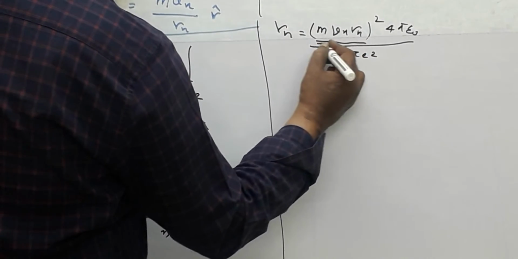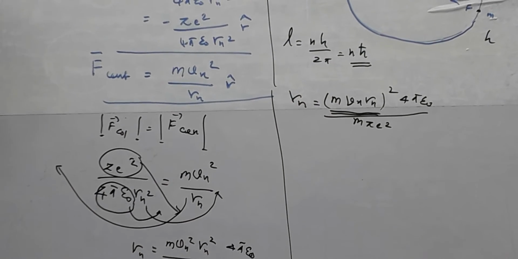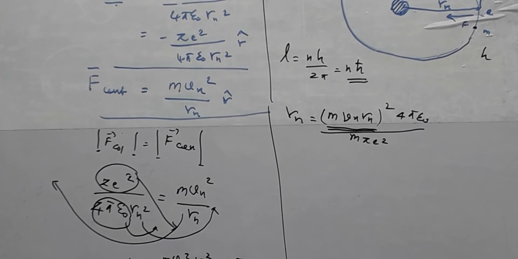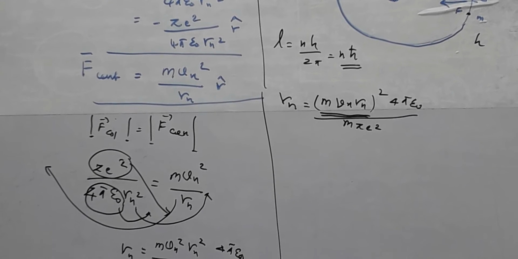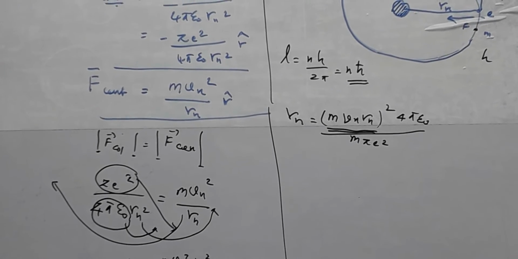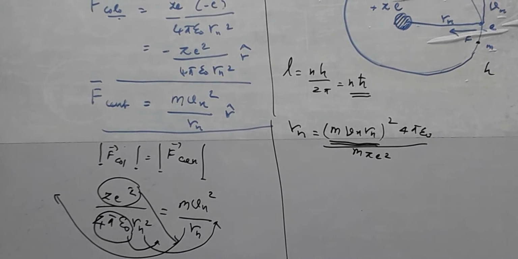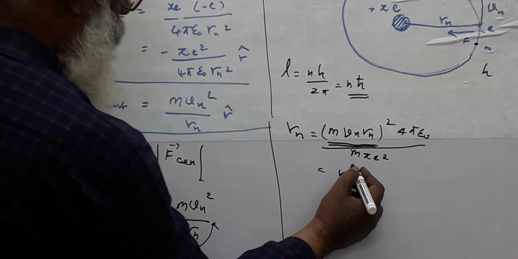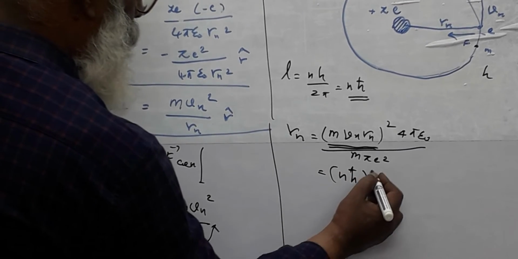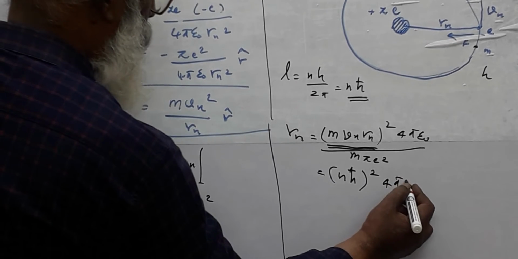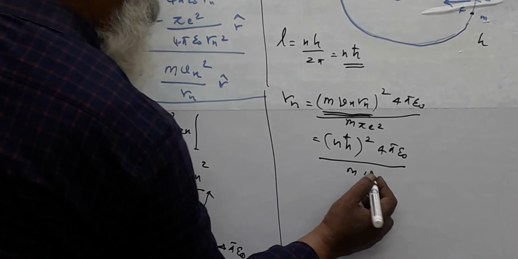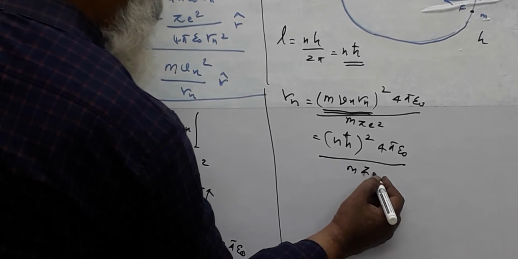Instead of this value, you have to write nh by 2 pi, or you can straight away put the value of h bar, so I have to write only nh bar. That's a very important approach. So nh bar whole square equals 4 pi epsilon naught divided by m z e square.